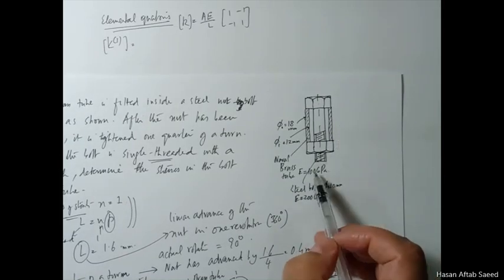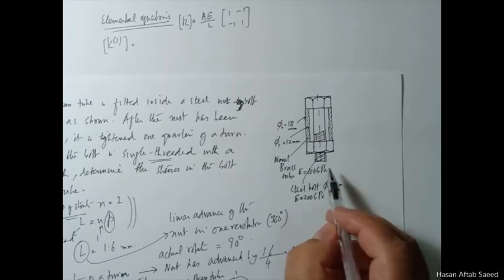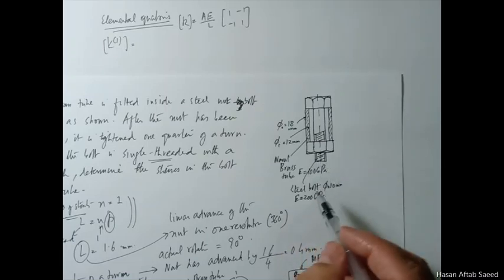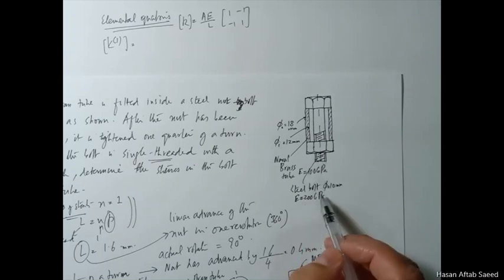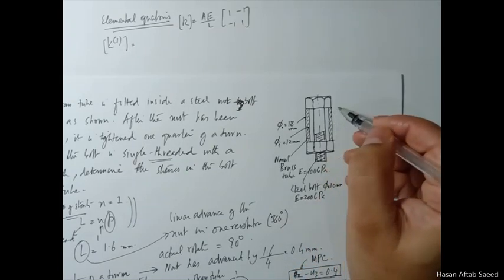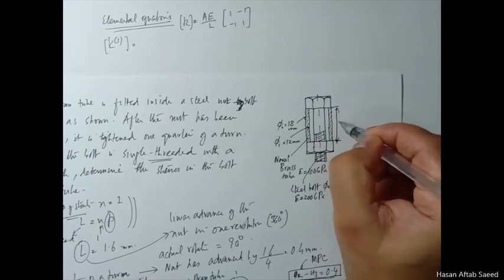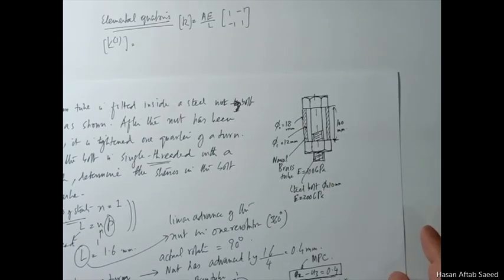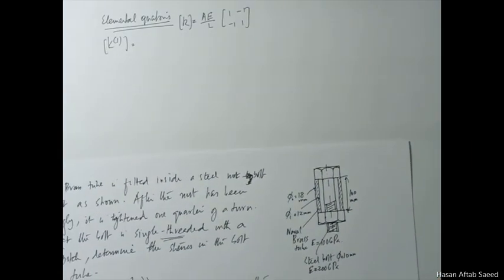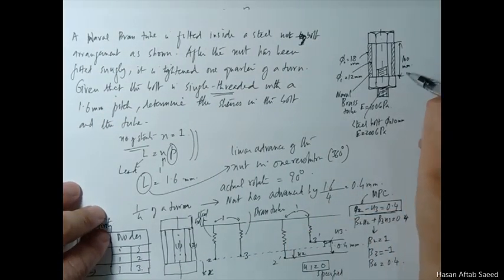For element 1 the diameter is 10 millimeter. Material is steel, E is equal to 200 GPa, and the length here is 100 millimeters. We need the length. Without length we cannot do this problem. Okay, let's take this as 100 millimeter.